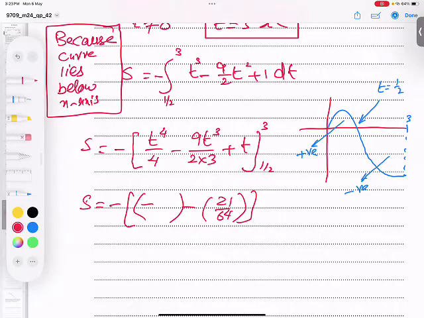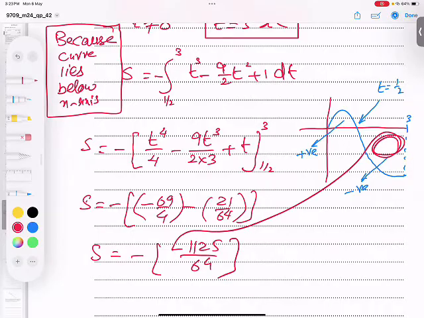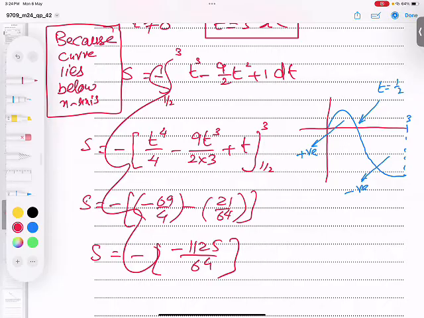So, student, negative 69 over 4. Ultimately you can observe it is coming negative. Now negative 69 over 4 minus negative 21 over 64. Let me recheck. Yes, I'm getting negative 1125 over 64. You saw, because it is below, it got a negative. And the outer negative sign just cancels this negative sign. So I got S equal to 1125 over 64.